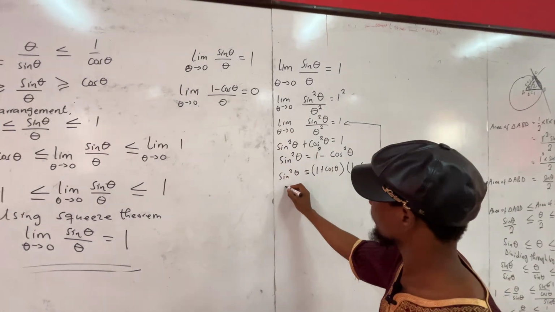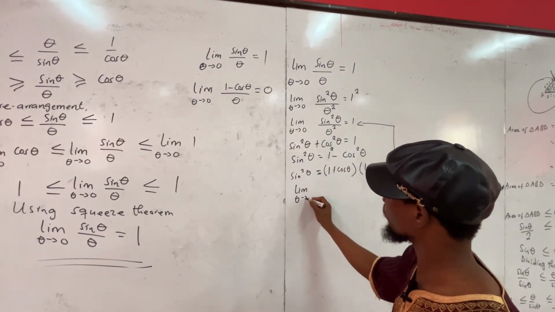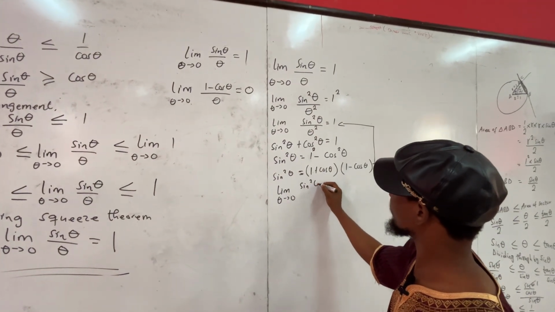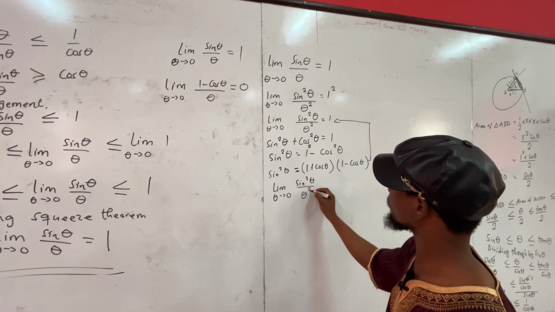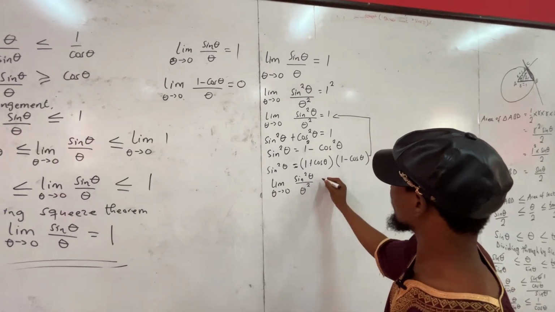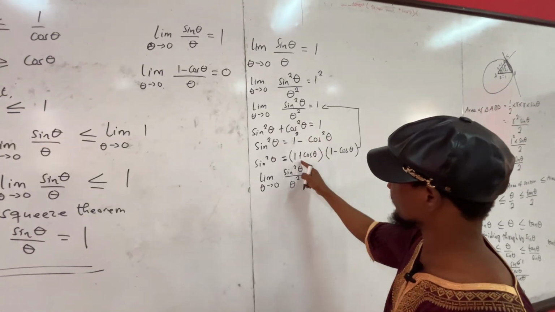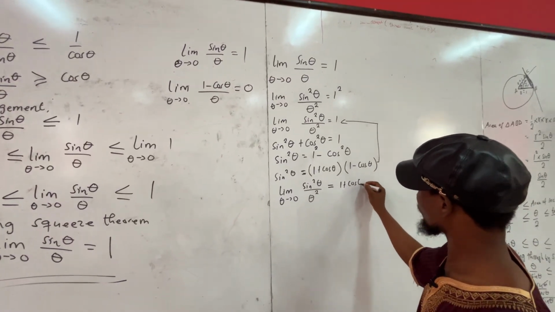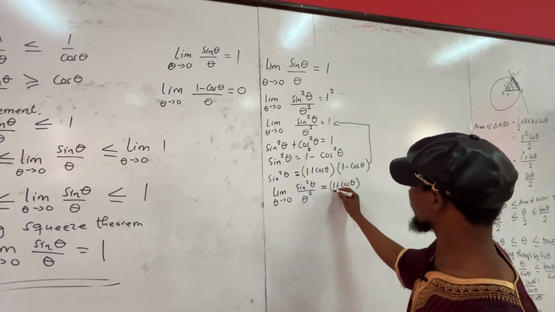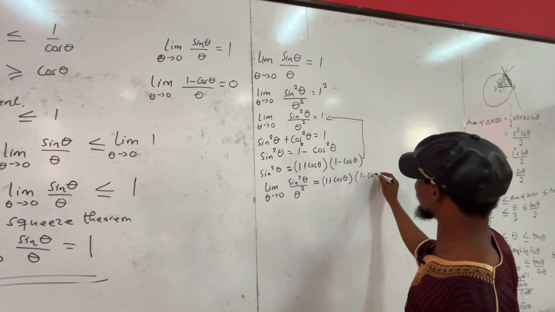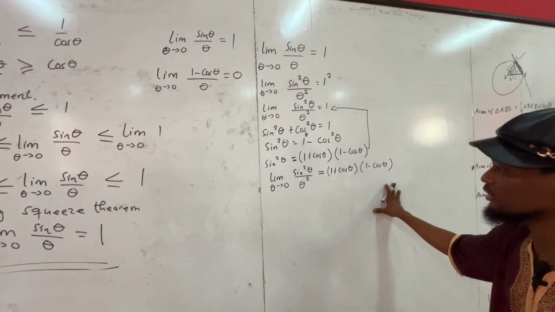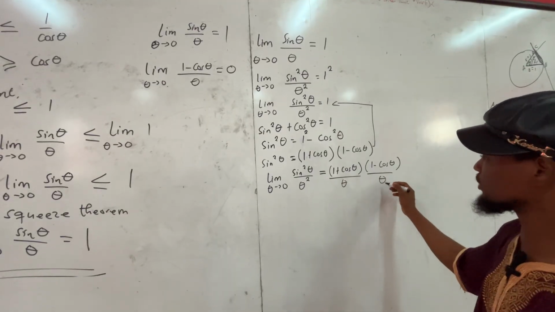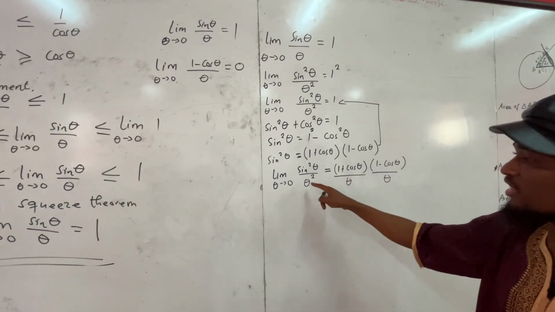So I can say that the limit as theta approaches 0 of sine squared theta over theta squared is the same as 1 plus cos theta, times 1 minus cos theta, all over theta times theta, which gives theta squared.